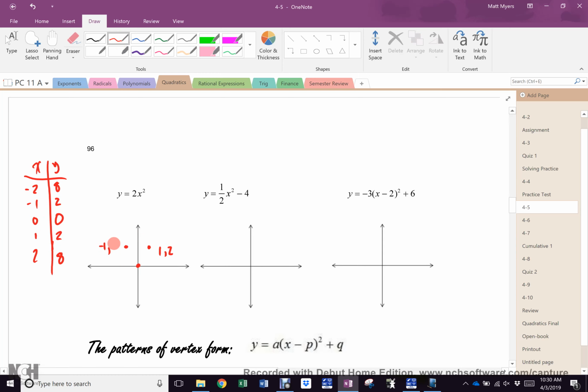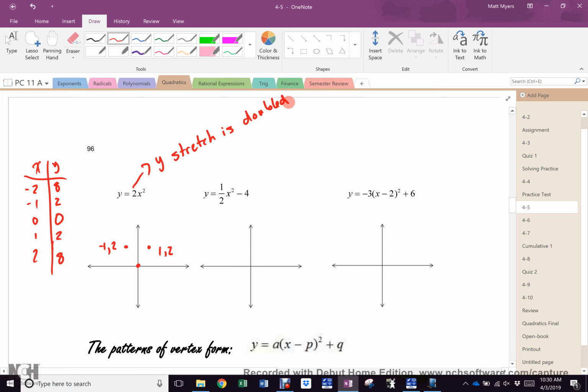Negative 1, 2. Then in the original parabola, when I go over 2, I went up 4, yes? How far did I go up this time? 8. What's the relation? It's doubled because there's a 2 in front. So every y stretch is doubled.